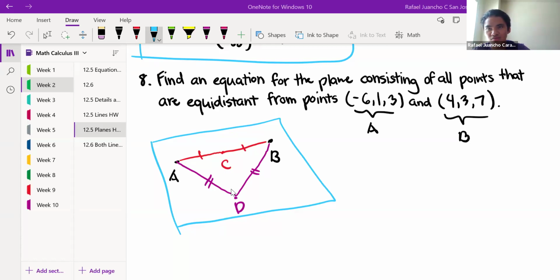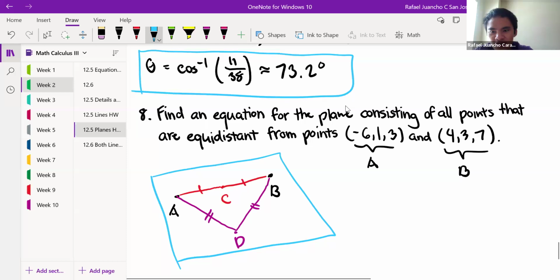A, B. Wait, I'm thinking. Oh, wait a minute. Did I read the problem correctly? For the plane consisting, what does this plane consist of?